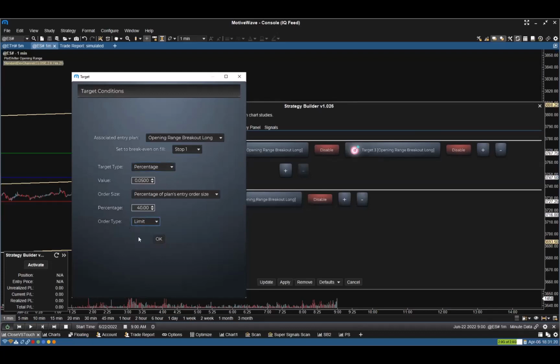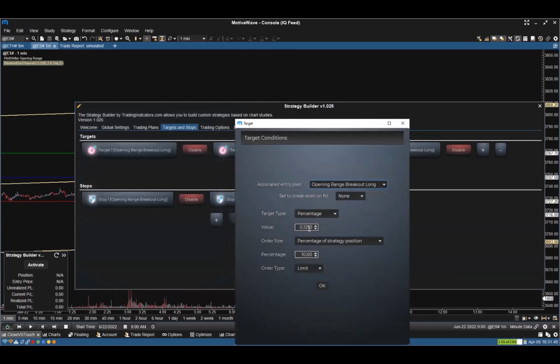The order type is limit, 0.05% above my entry. And we're going to be closing out a percentage of our plan's entry order size. So we entered 100 units. Our first target is going to close out almost half. It's going to close out 40% of the initial trade. So right away, we're going to have a limit order placed for 40 shares that we want to exit, for 40 units. You can see that this target is associated with our plan we called opening range breakout long.